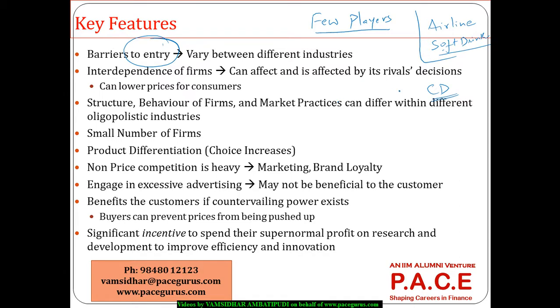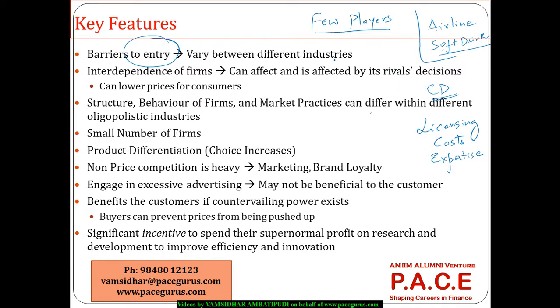For any new firm, a barrier could be created by licensing restrictions from the government, or the initial costs of setting up the business could be so high that not many people want to enter. Or the level of expertise and experience required to set up those kinds of businesses is very high, so not many people may be interested in entering.